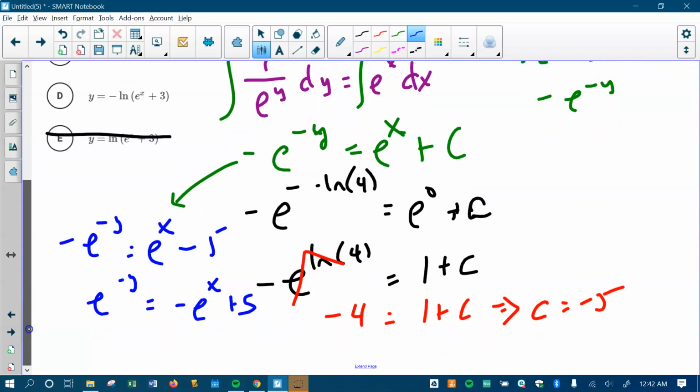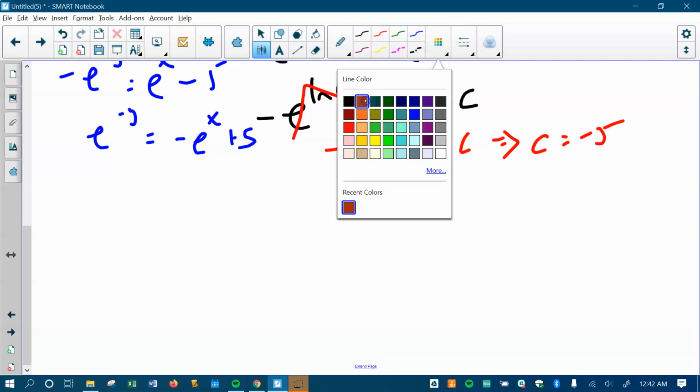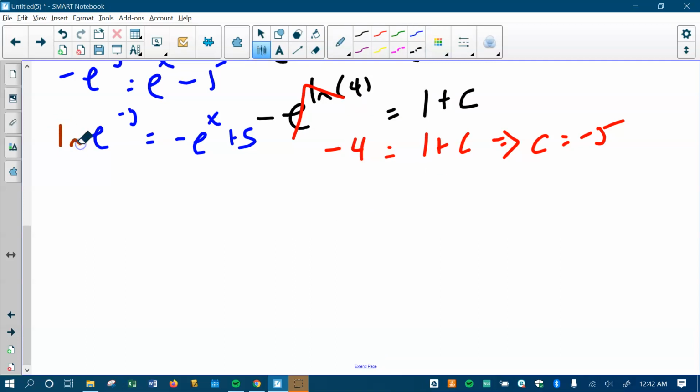And now let's go and ln both sides. This is Kayla Gottschall's favorite thing to do. So let's ln both sides. Okay, and we get that negative y drops down to the front. ln of e cancels, that's 1.